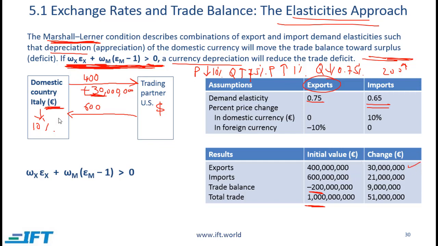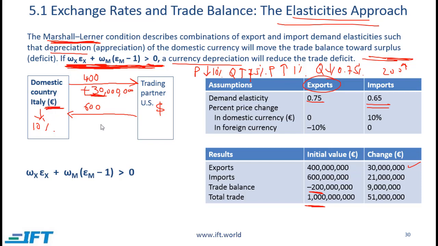Some students get confused about the fact that the price is not changing, and again I'll emphasize that is because as far as Italy is concerned, it is still getting euro. So if euro has devalued for the rest of the world, as far as Italy is concerned, 30 million euro is still 30 million euro.